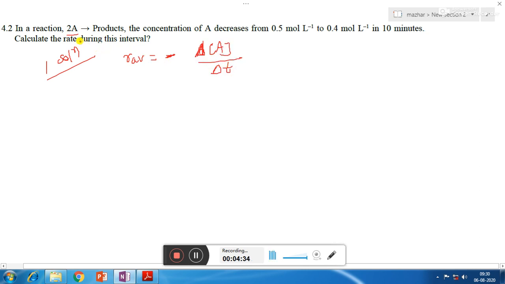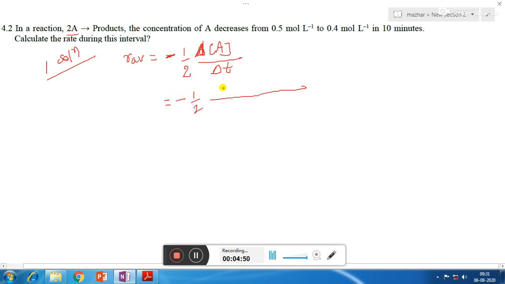so change in the concentration of reactant with time. And here we will see that the coefficient of A is 2, so that coefficient will be divided, so that will become half. So minus half into delta A by delta T, so that is equal to minus half.